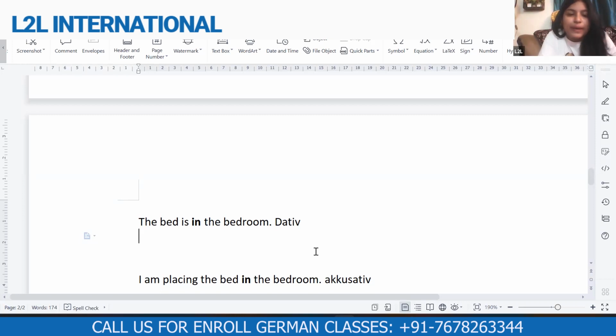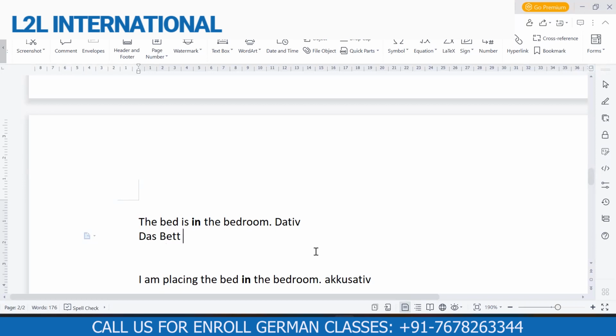Ashwin, why don't you try? The bed, that's the das Bett. This is the word das Bett. And you have to put is in the bedroom. So how do we say that? Ist in das Schlafzimmer.